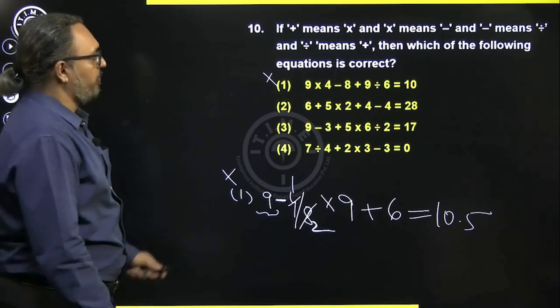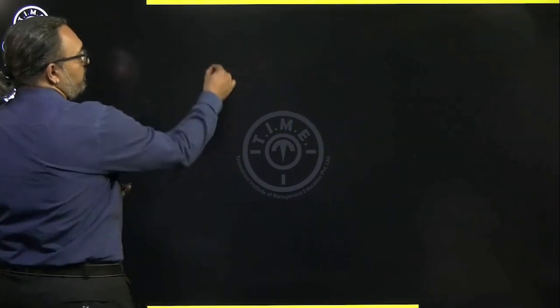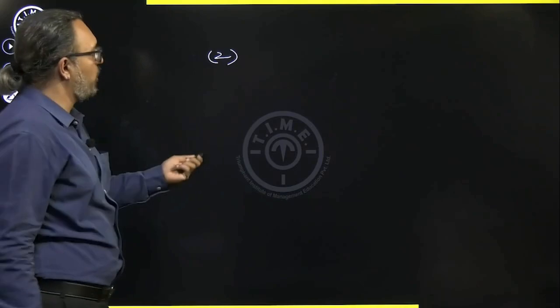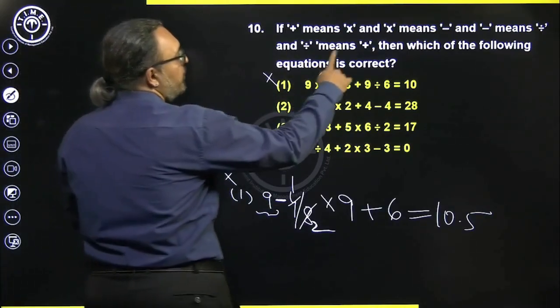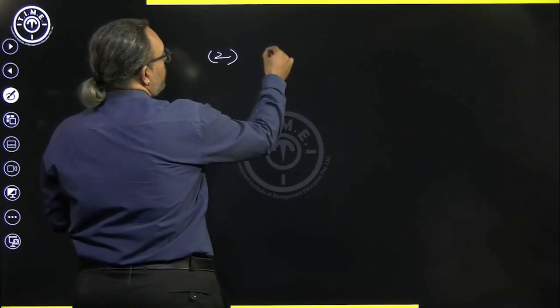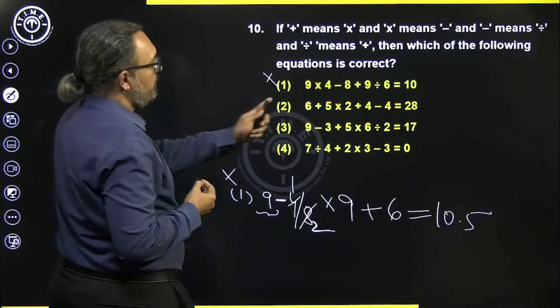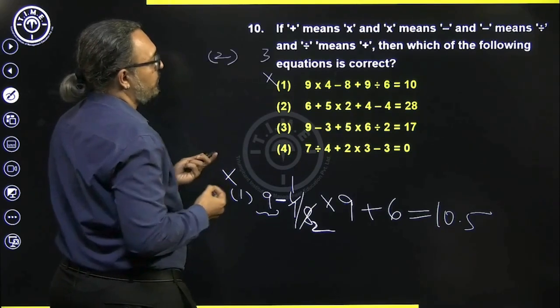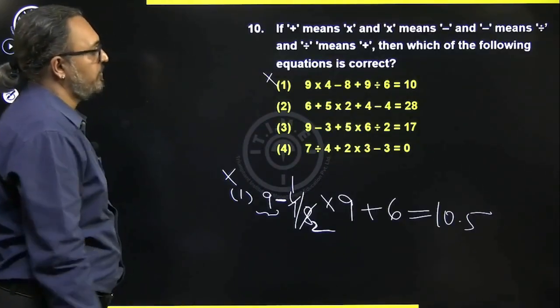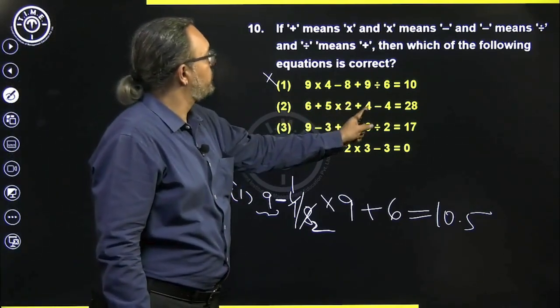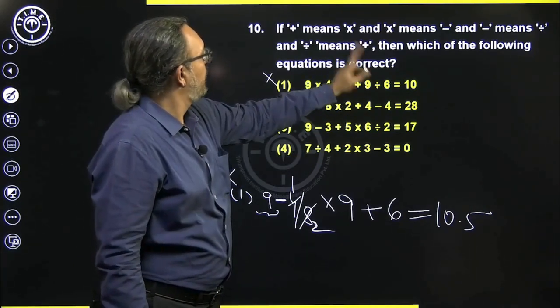Correct? Yeah. So then let's look at the second option. Now in the second option we have 6 plus means into. So 6 into 5 into means minus 2. So you have 6 into 5 minus 2. So 30 minus 2. Okay. Then plus means again into.